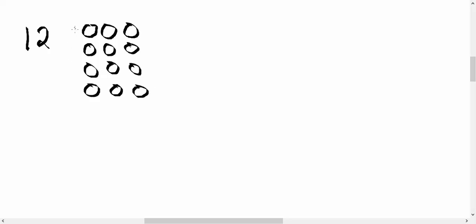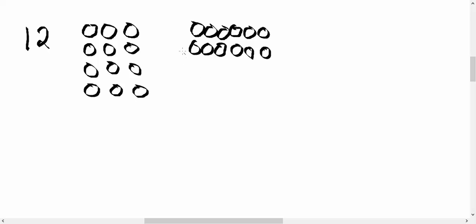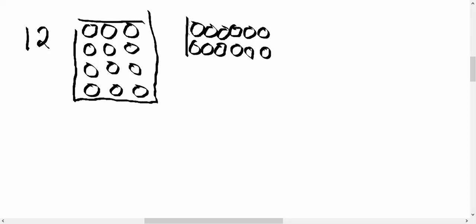And they noticed that you could write the number 12 like this, right? You could also write the number 12 like this. And if I surround this, it kind of forms a rectangle, and this one does also. So the number 12 could be written in a couple of different ways.